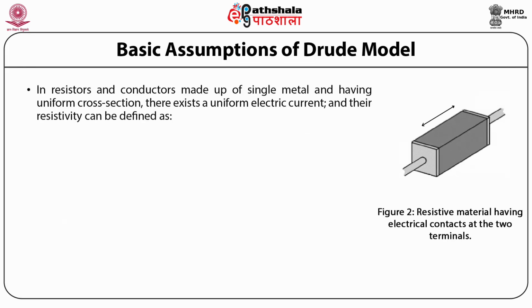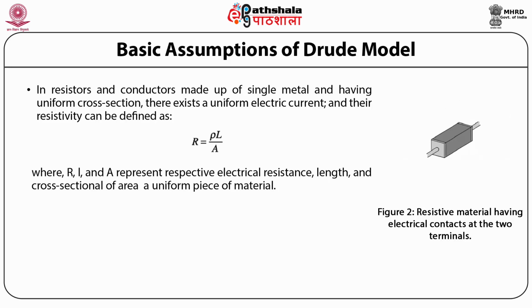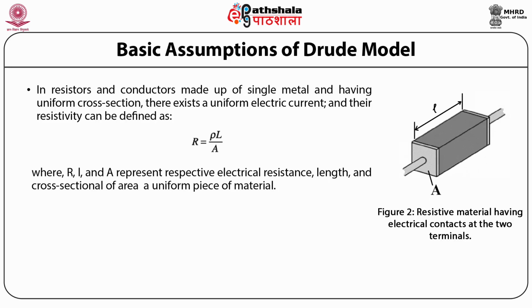In resistors and conductors made up of a single metal and having uniform cross-section, there exists a uniform electric current, and their resistance is defined as R equal to rho into L divided by A, where R, L, and A represent the respective electrical resistance, length, and cross-sectional area of a uniform piece of metal.